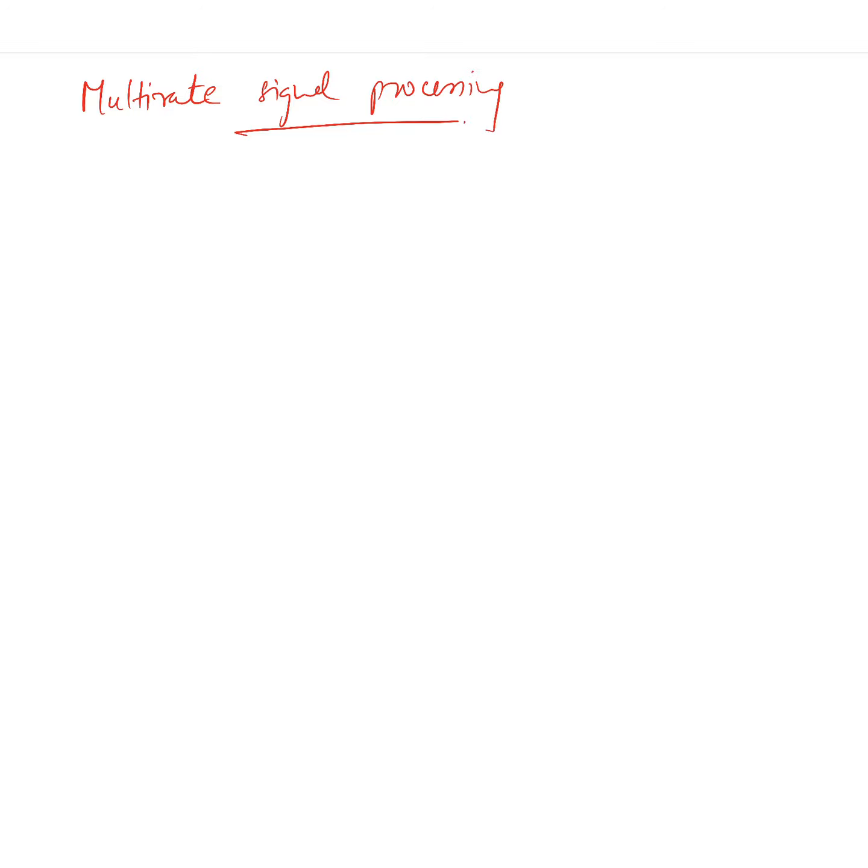Say for example, if we want to change to a new sampling period of 1.01 times T.